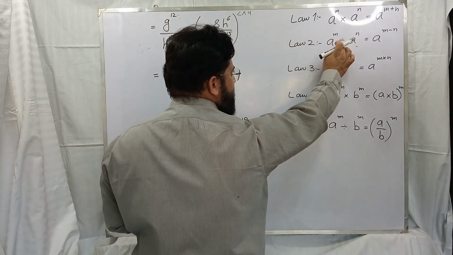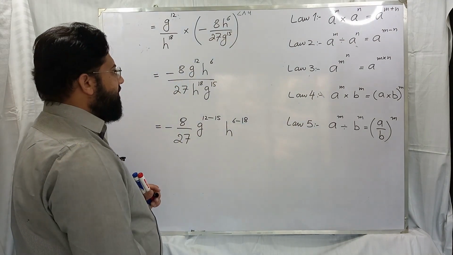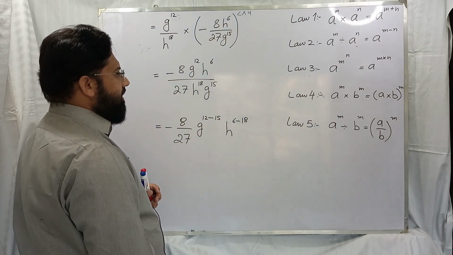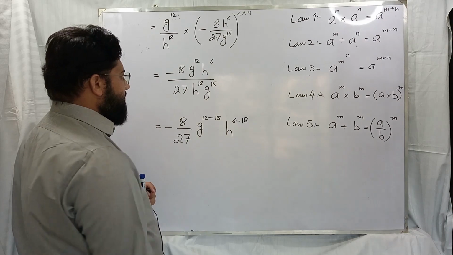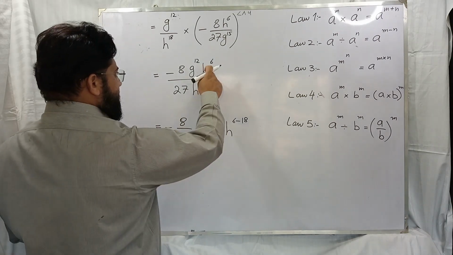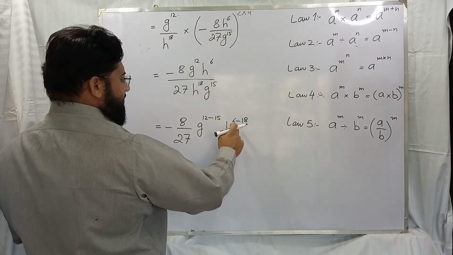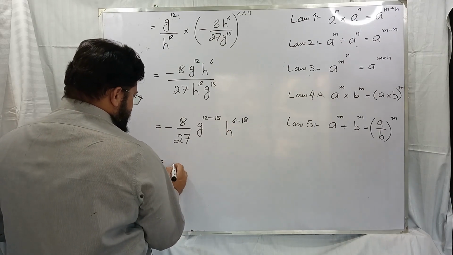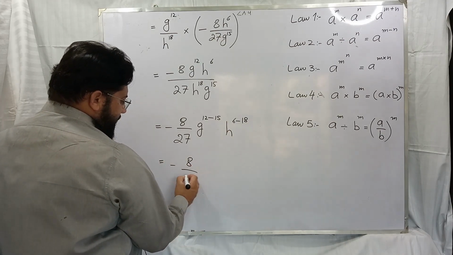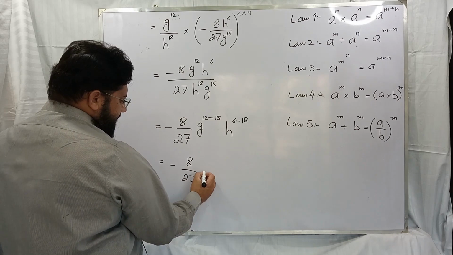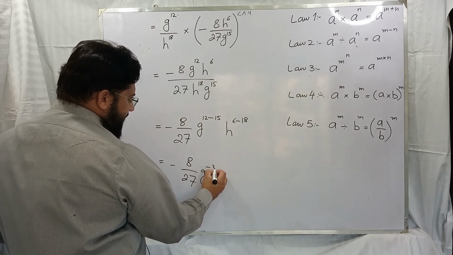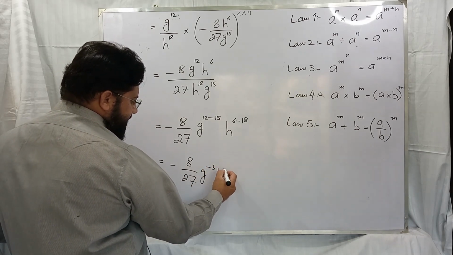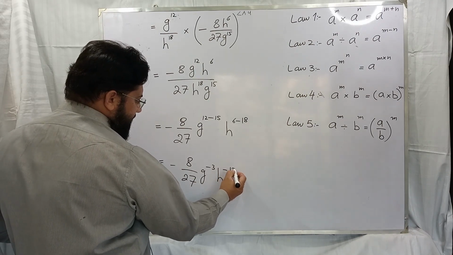We have seen as per law number 2 that if the bases are the same and they are being divided, their powers will be subtracted. And h6 divided by h18 will be 6 minus 18. So it will be minus 8 over 27, g to the power minus 3, h minus 12.